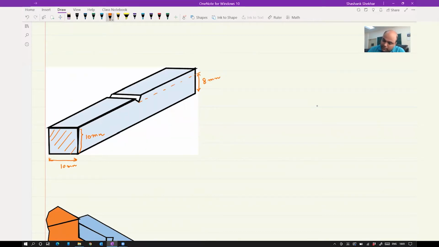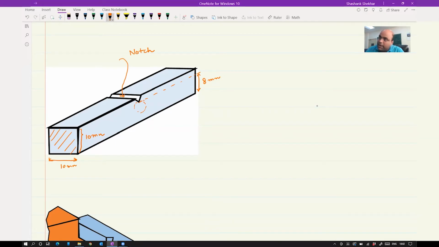Okay, and this is the notch here. So in this region in front of the notch, you are going to have stress concentration. Okay, and this is the standard sample and standard dimension.